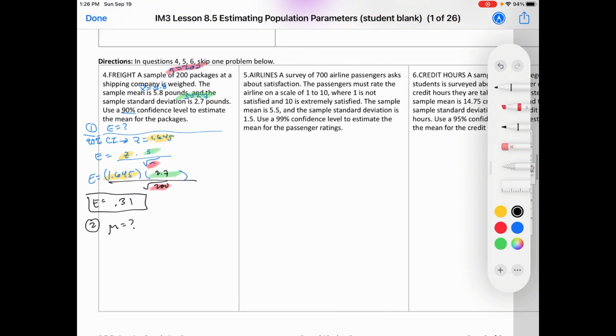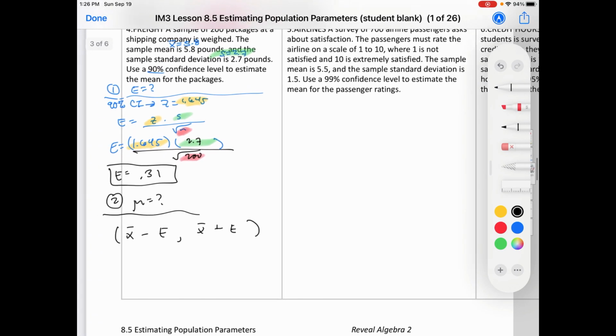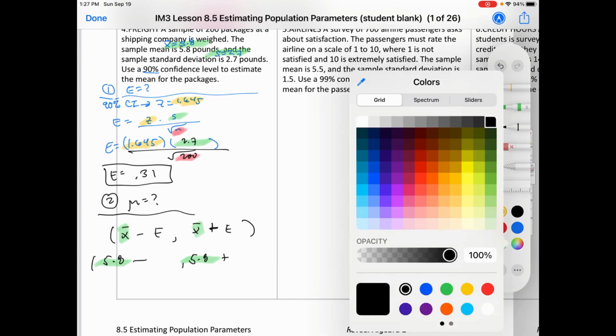So our range is x bar minus the E and x bar plus the E. And our x bar is 5.8. It's a plus, minus, and our E values from what we just found. Let's do a different color.